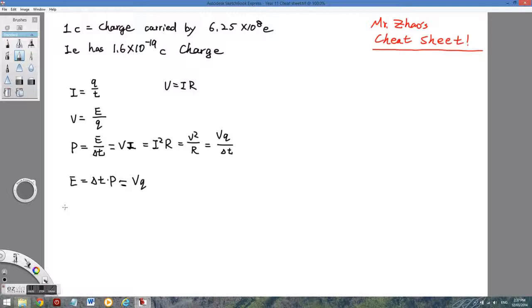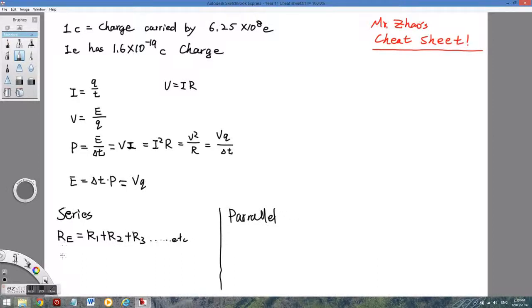To make it simple, for a series circuit, the equivalent total resistance is basically R1 plus R2 plus R3, etc. For parallel, well, let's do it separately, in series and parallel.